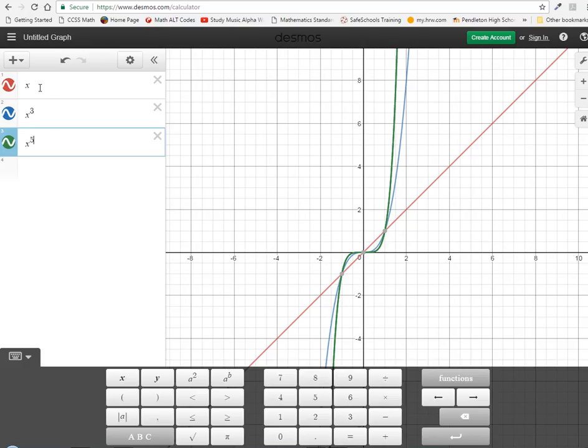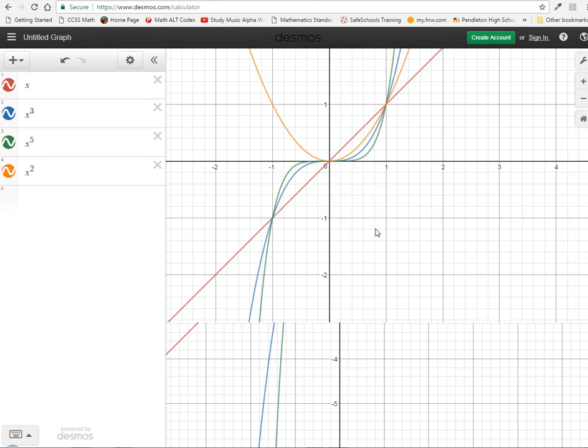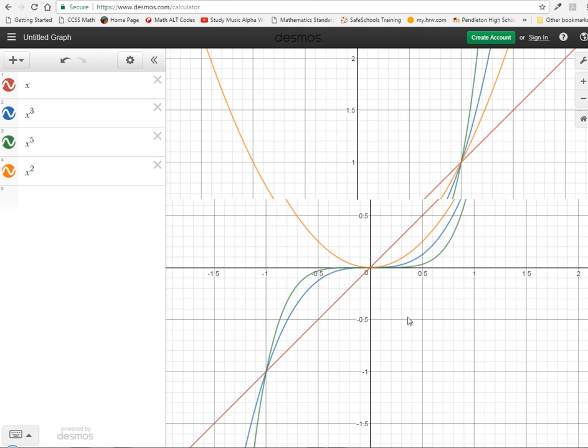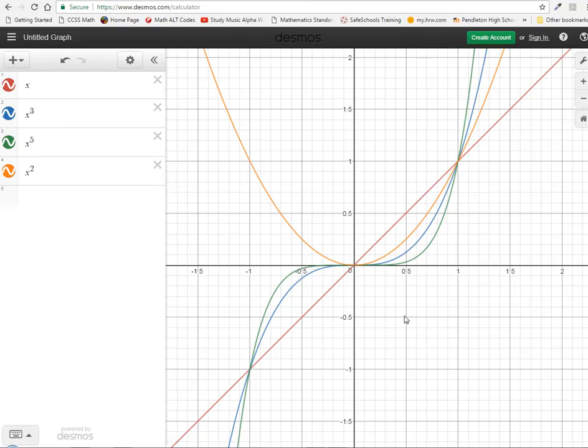If we compare those to, what would be an example of an even function? x squared, sure. Let's take something like x squared. I can zoom in a little bit. So there's x squared. I could do x to the fourth, x to the sixth, anything like that, right? Even functions, we name them because they're even powers of x.